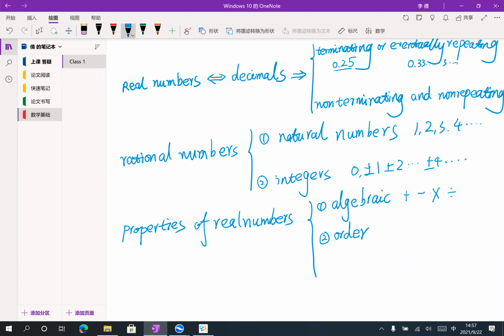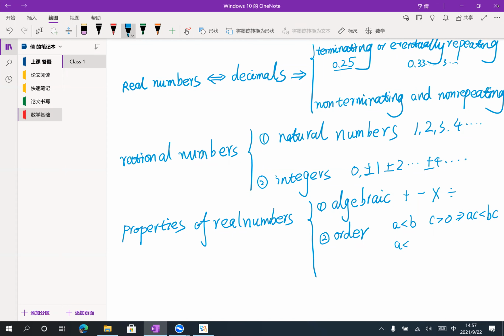An important property in the order properties: if A is smaller than B, and C is larger than 0, then we imply AC is smaller than BC, right?